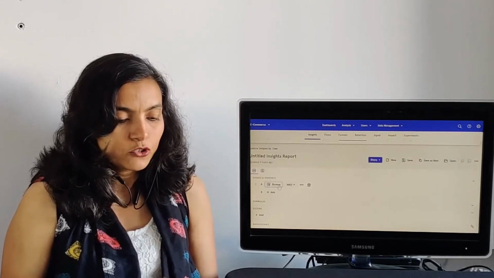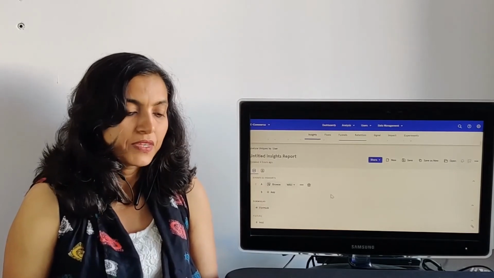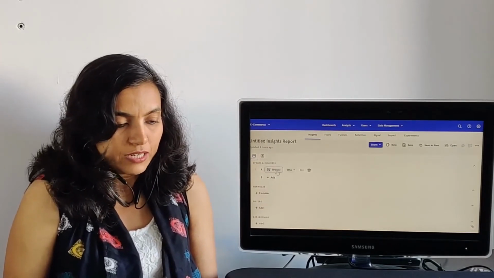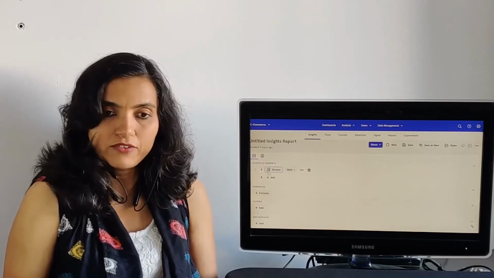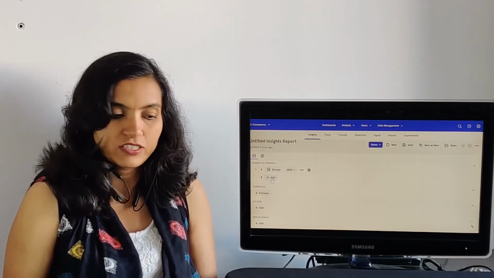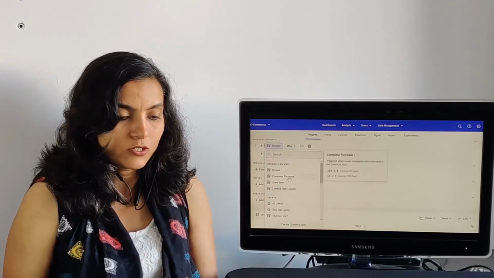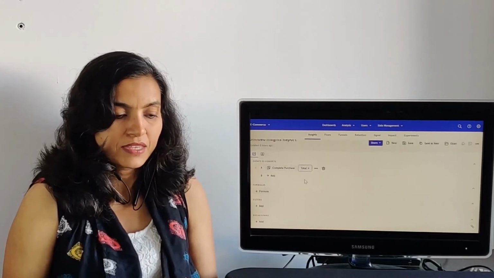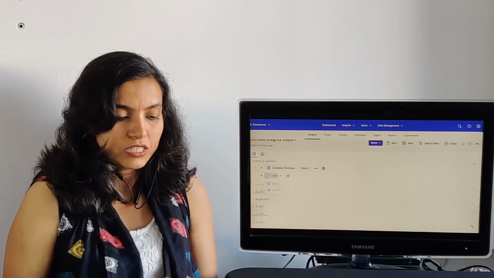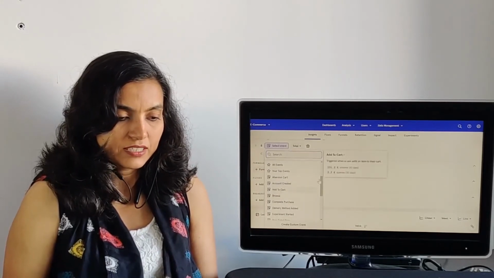One last thing I want to show you before I move on to another analysis function is formulas. Before that, what you need to realize is that you are not restricted to plotting only one event here at a time. You can actually add more events and see all of them at the same time. For example, suppose you wanted to see complete orders, that is the total number of orders being placed, and you also wanted to see something else, say how many add to cart events are happening, right?